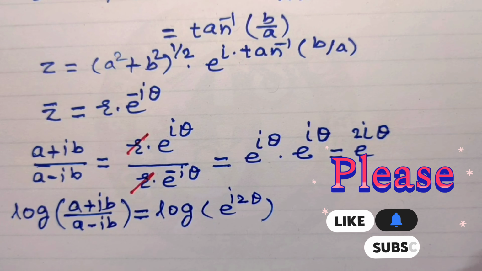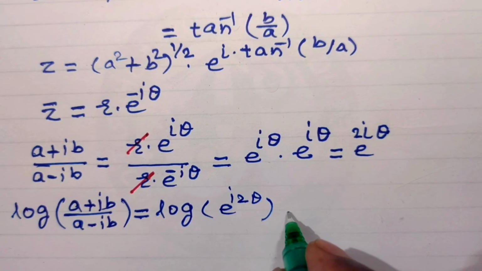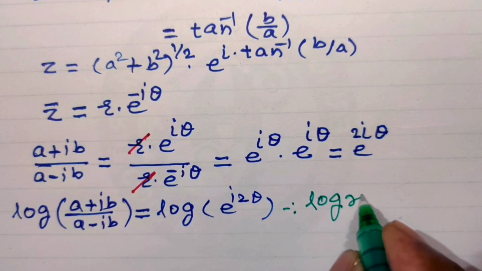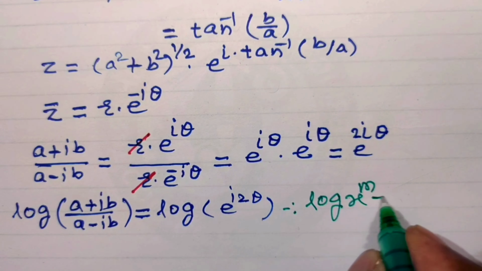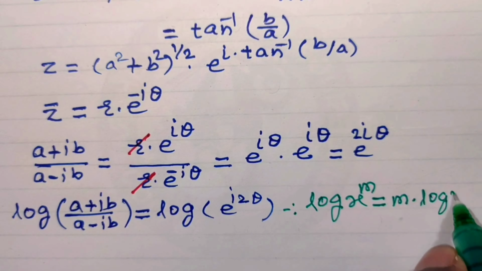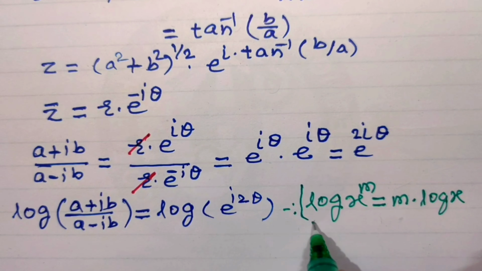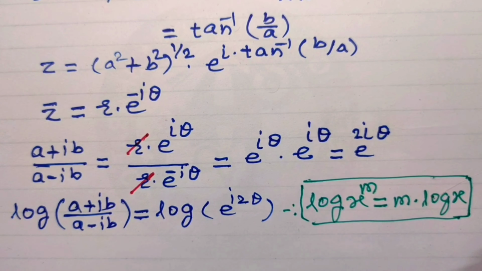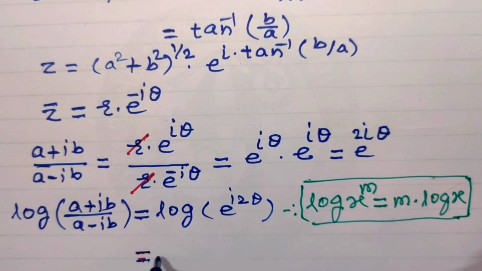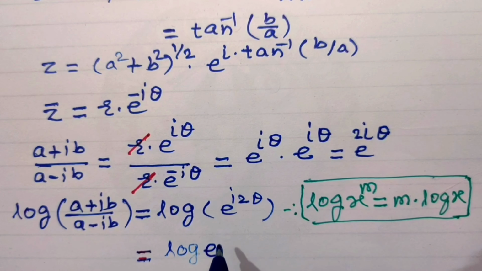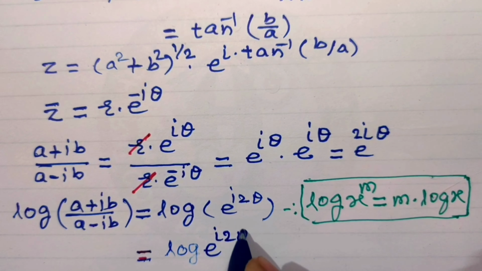Now we can apply the logarithmic property, since logarithm of x to the power m is equal to m times logarithm of x. Applying this property here, this is equal to logarithm of e to the power i 2 theta.